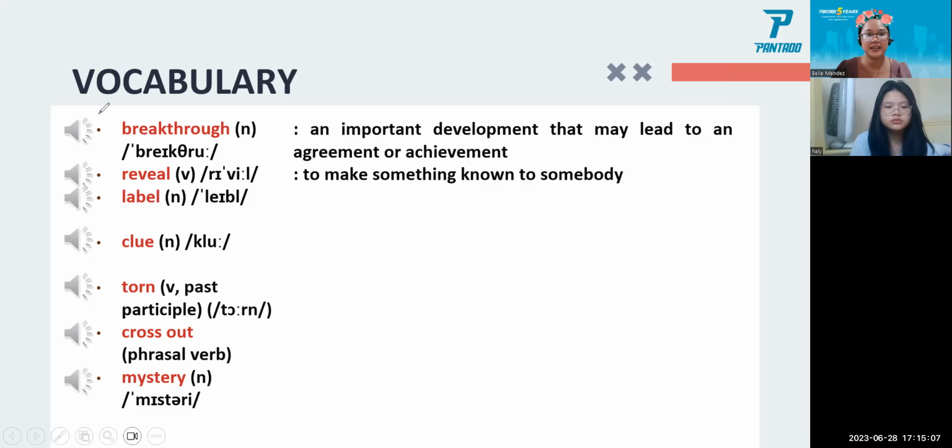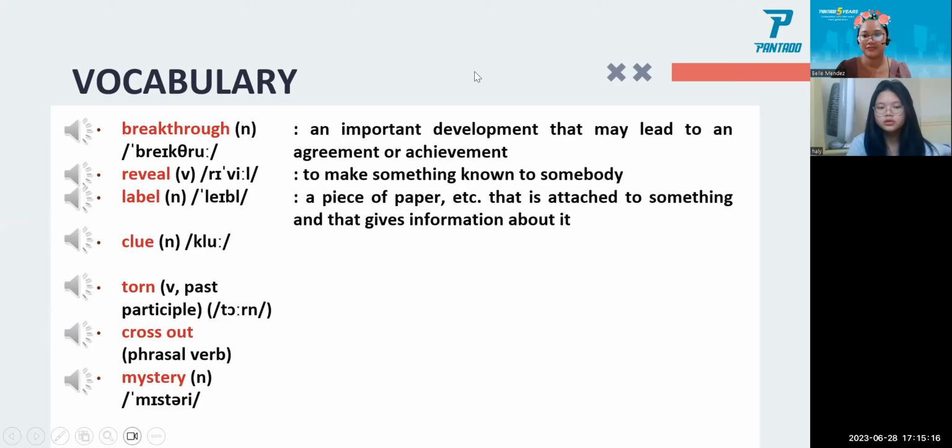Okay, next is label. A piece of paper, etc. that is attached to something and that gives information about it.